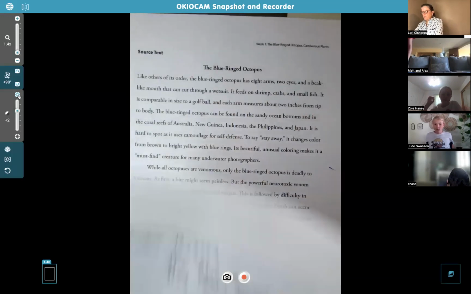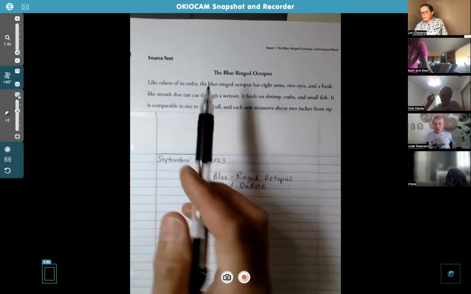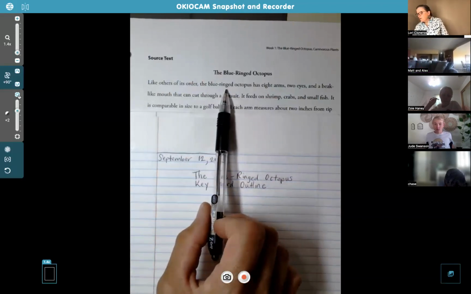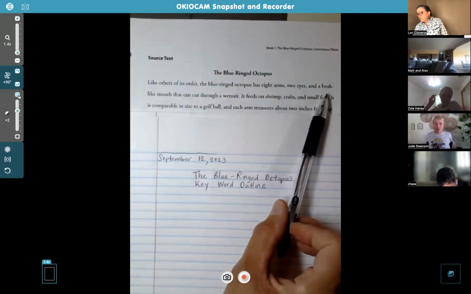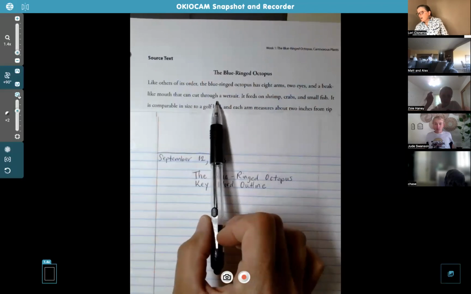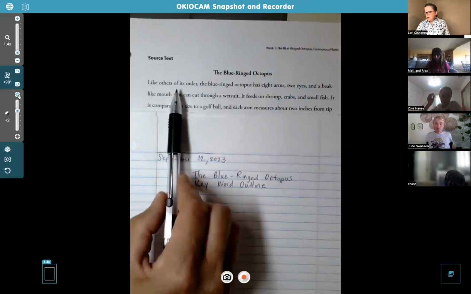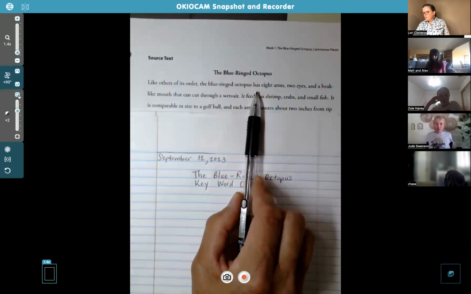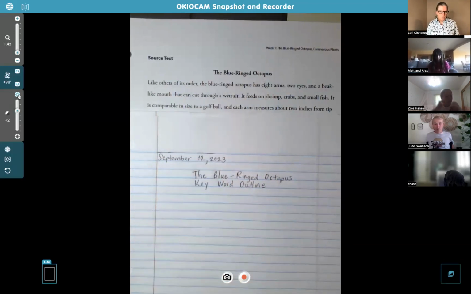So a keyword, for instance, looking back on our article here, I'm just going to share both at the same time. Looking at the first sentence: the blue ringed octopus has 8 arms, 2 eyes, and a beak-like mouth that can cut through a wetsuit. So that has a lot of information in it, but words like of or like or has or that are not keywords.